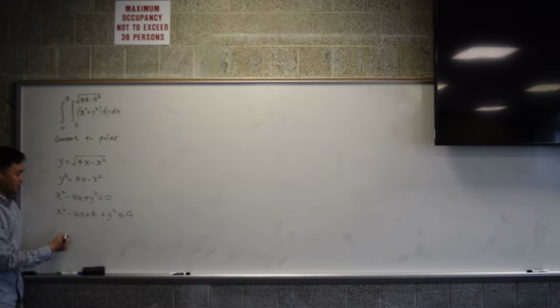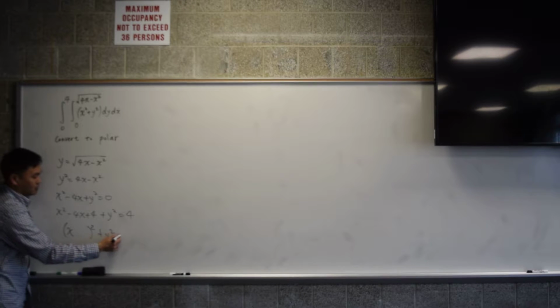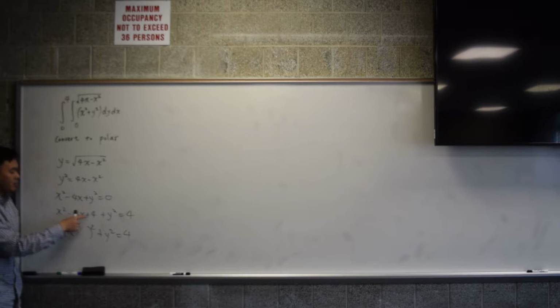What is this? If you factor this, think about two numbers that add to negative 4 and multiply to 4. Negative 2 and negative 2, right? So it's x minus 2 times x minus 2, which is x minus 2 squared.